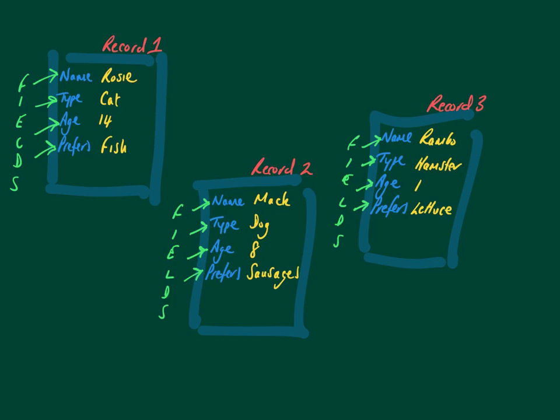And as you'll learn in a second, these fields each have their own field type. So for example, if we think about the name field type, the names Rosie, Mac and Rambo are all text. So the field type for this information would be text. The same is true for the type field because it's cat, dog and hamster, so that's also text.